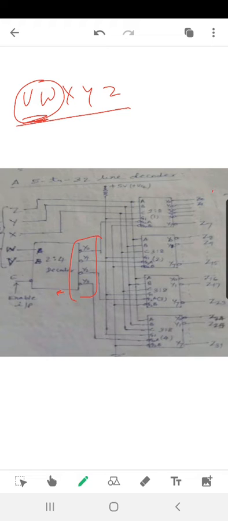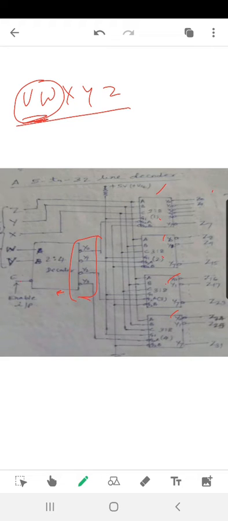The three inputs XYZ will be directly given to decoder number 1, 2, 3 and 4 of the second stage. And the inputs V and W are used to generate enable signals for decoder number 1, 2, 3 and 4.